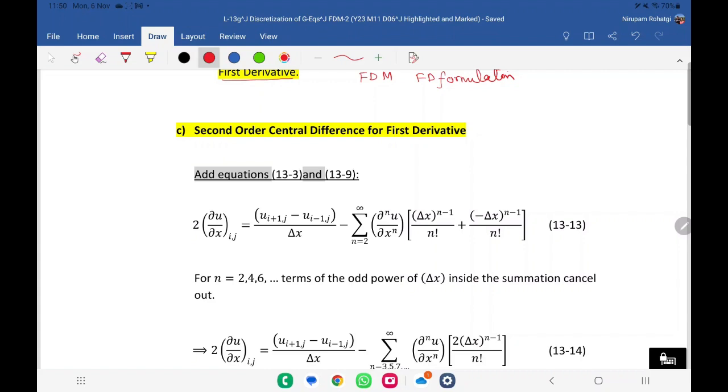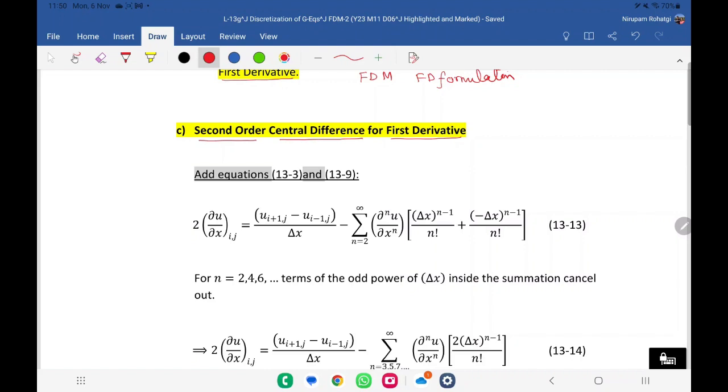Okay, this is the central difference method and it is called second order for the first derivative. The derivative remains first only. We are talking about the first derivative only. The scheme is now central difference. Neither is it forward difference nor backward difference.